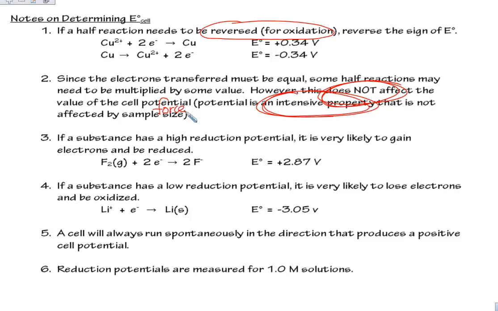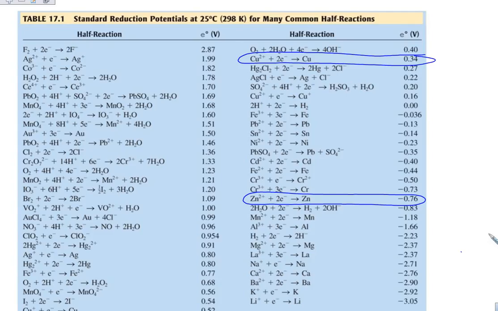A couple things that are also interesting. Number 3, if a substance has a high reduction potential, which means it would be positive and a large value, that means it's very likely that this substance will gain electrons. It wants to be reduced. Well, if I look at that chart again, here's the largest. Fluorine's the winner. Does that make sense, that fluorine really wants electrons?